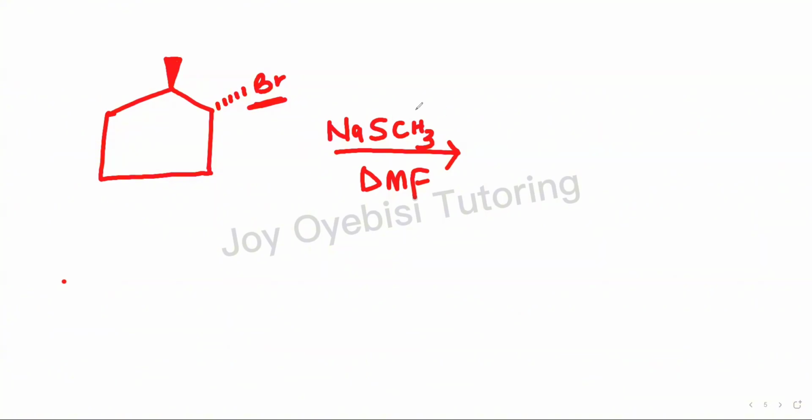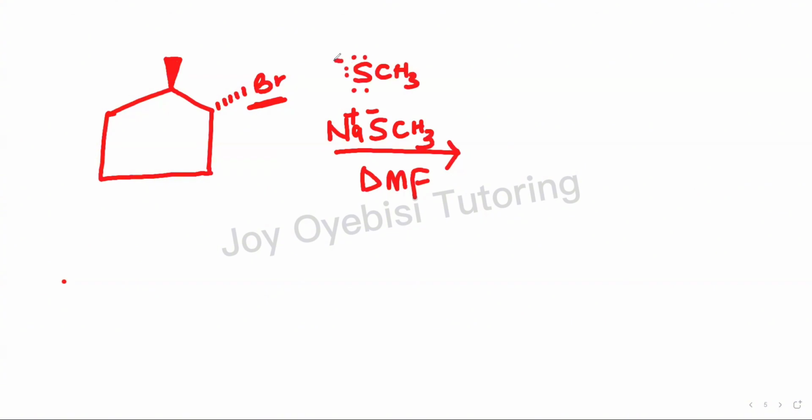A strong nucleophile would favor SN2 reactions. So we would usually remove the Na. This is the positive end and that's the negative end. It is the negative end that does the attack. So I'm going to write this out. This is how it's going to look.